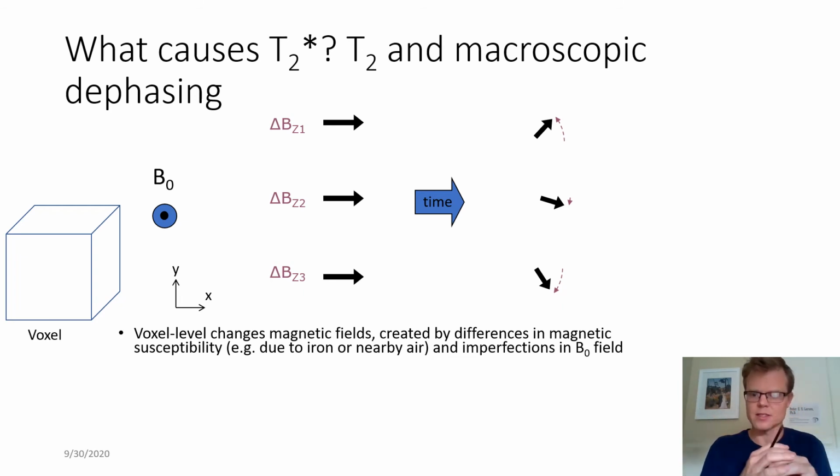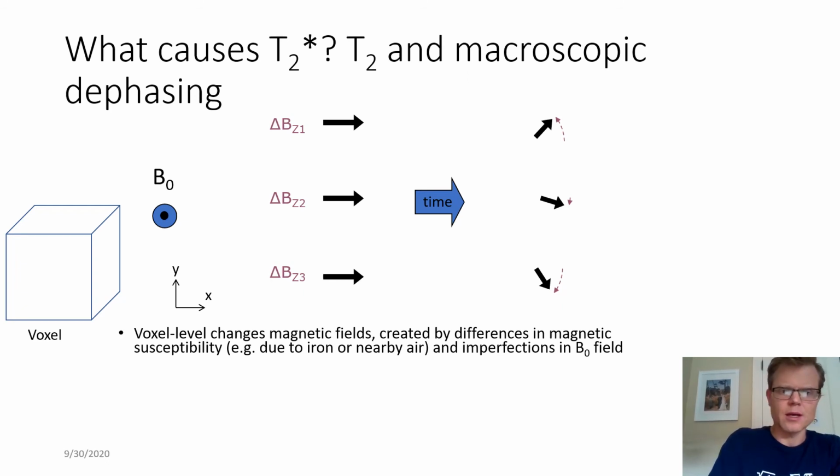We've already had to sum over our individual spins to create net magnetizations. Now we're going to look at the level of the net magnetization to look at this effect. And I've got this voxel drawing over here because this is an effect that we consider on the order of our imaging voxels or voxel elements.